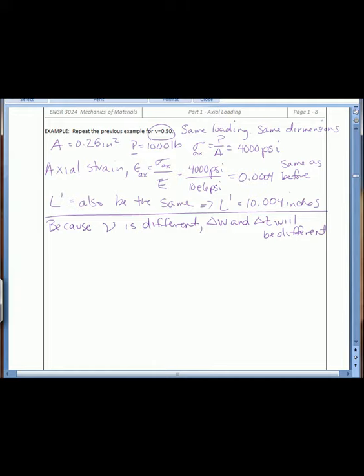So generally, the transverse strain is equal to the negative Poisson's ratio times the axial strain. In this case, our Poisson's ratio is 1/2. So we have our negative 1/2. Our axial strain is 0.004. So our transverse strain for this case with this Poisson's ratio, half of that, is 0.0002.